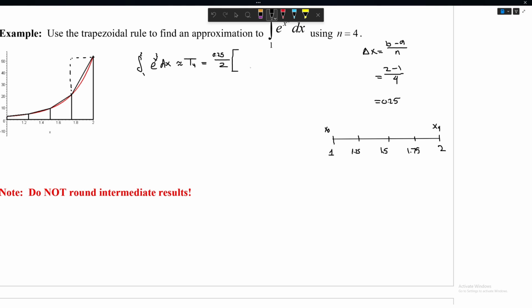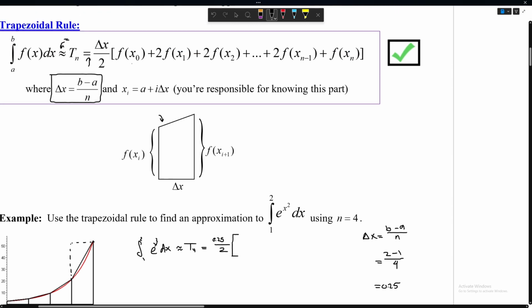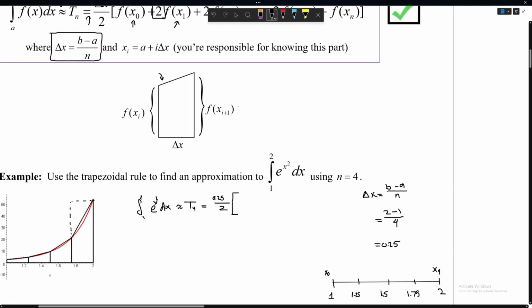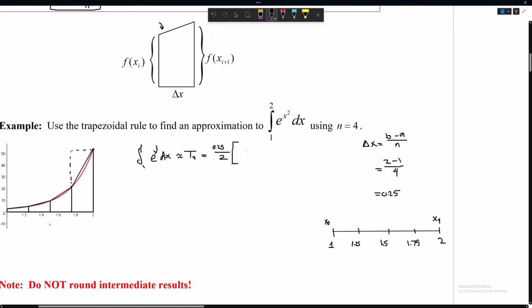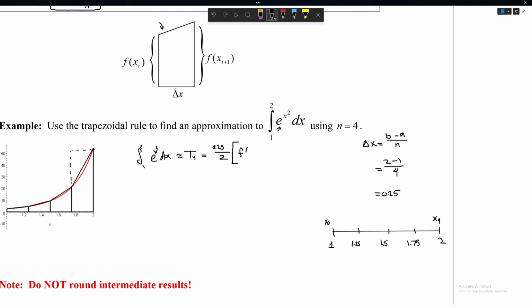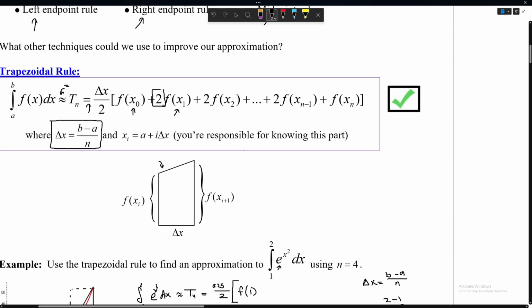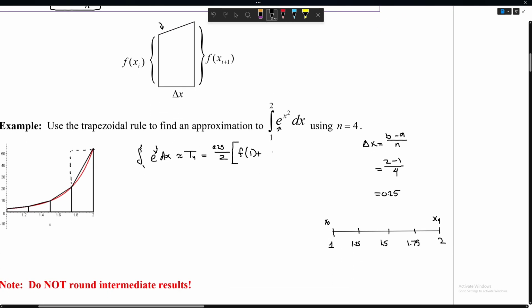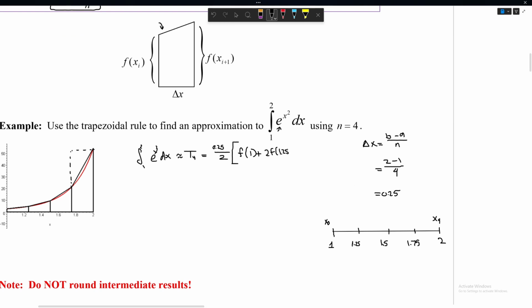And now this is what you plug into your equation. You see x0, x1, and don't forget your 2's. So if I plug this in, I will have my function, e to the x, at x equals 1, plus 2 times the function at 1.25, plus 2 times the function at 1.5, plus 2 times the function at 1.75.